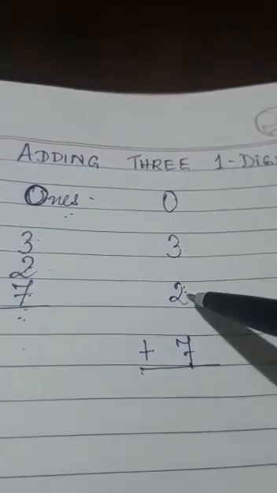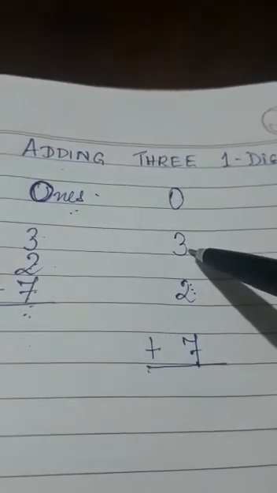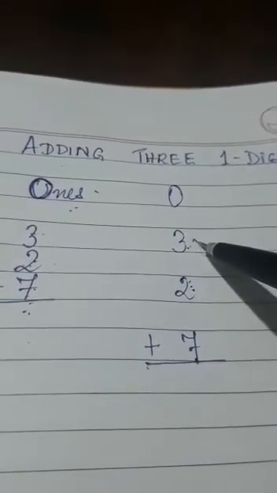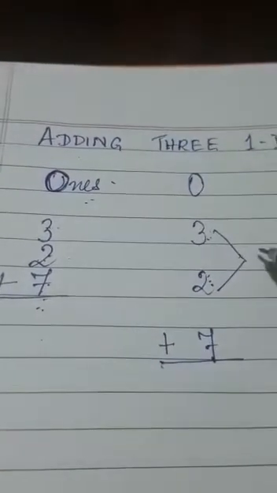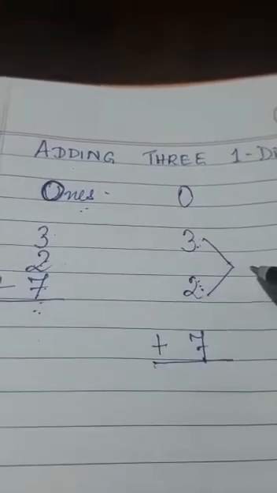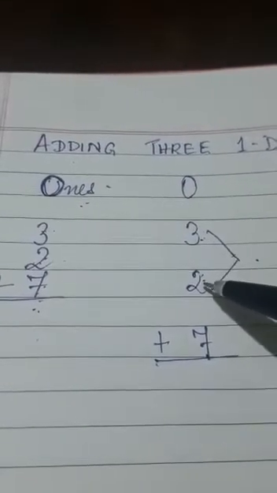Now you have to add this. First you add the first 2 numbers, the top one and the number below this. And you have to remember the total. You can do your addition mentally if you want, or if you cannot, you can draw the lines as you had done before.